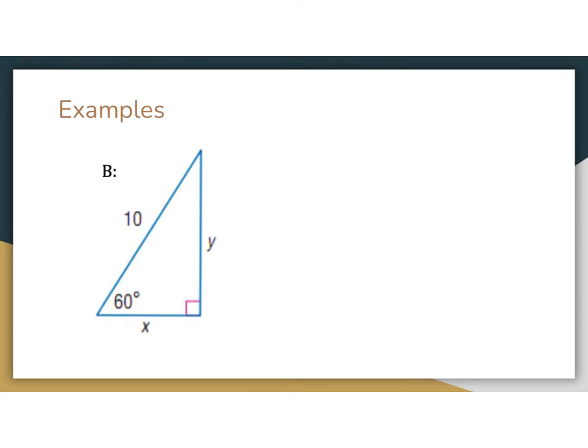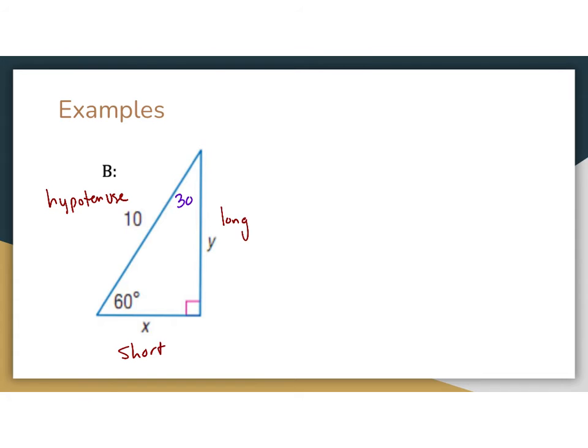Okay, so now let's look. So here, that's a 60. That makes that 30. That makes this my short leg. That makes this the long leg. That makes this one the hypotenuse. So I'm given the hypotenuse.